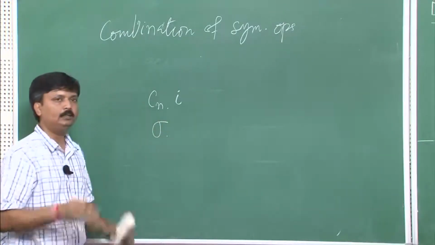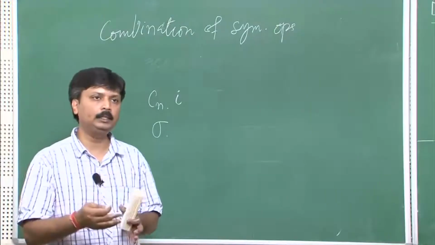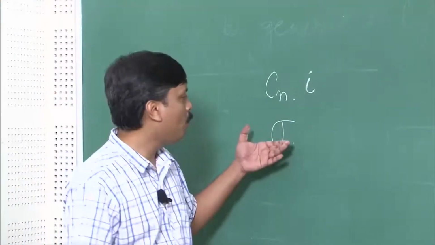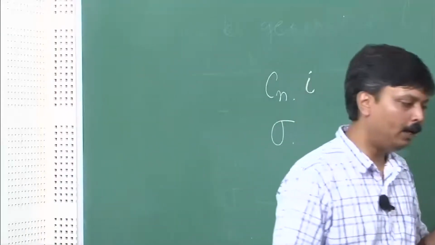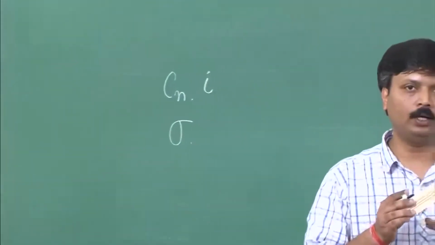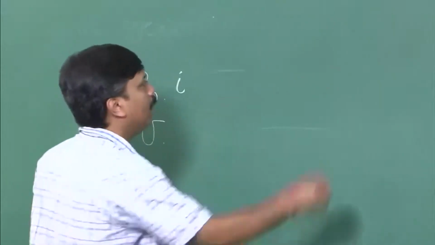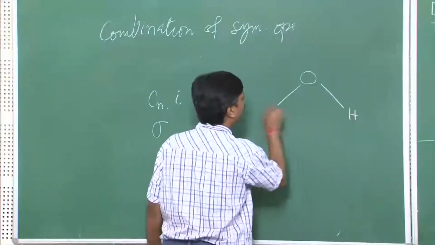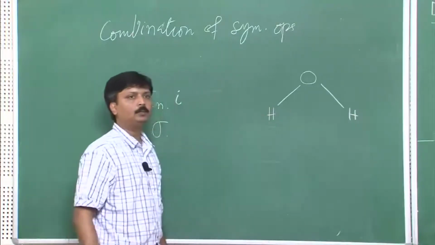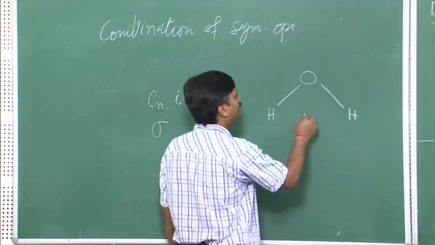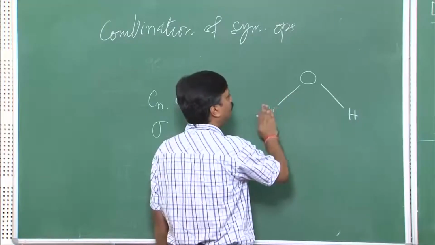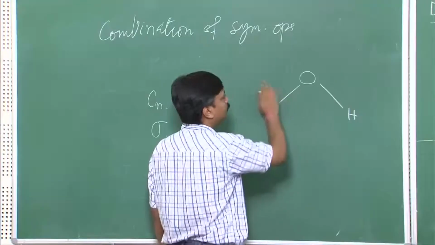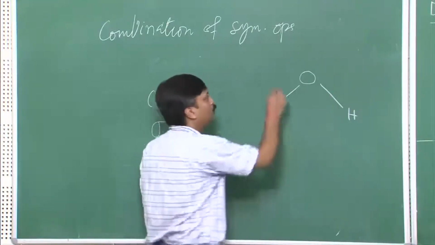We have seen that if I operate the same sigma plane twice, then I get back the identity. Now if I have a case where I have two different sigma planes, for example, I take this molecule water, right? So here I have two different planes, one containing this molecule as a whole, all the atoms. So this plane of this board will constitute one sigma.